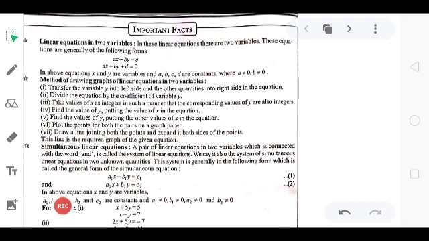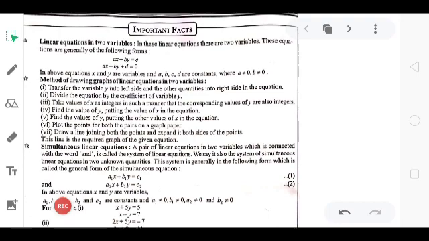Now we will discuss the method of drawing a graph of a linear equation in two variables. So we will draw the graph of the given linear equation of two variables. So how to draw? Some steps are given here.